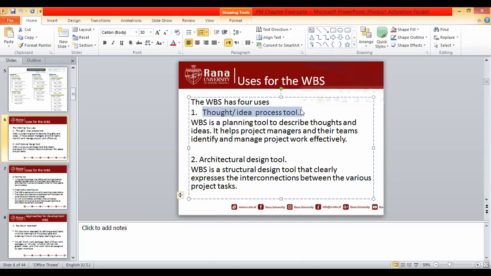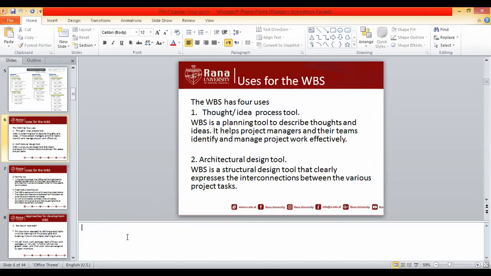Remember, respected students, thought leads to idea. When a thought is refined, meaning when you work on it, the thought will be converted into an idea, and once you have come to an idea, it will be refined.